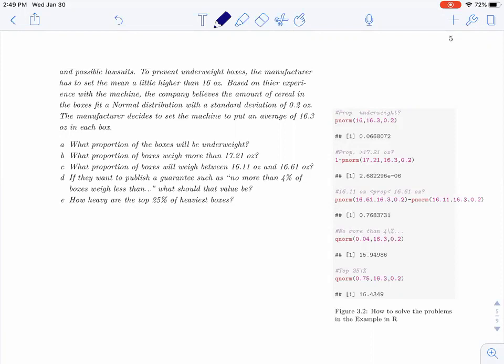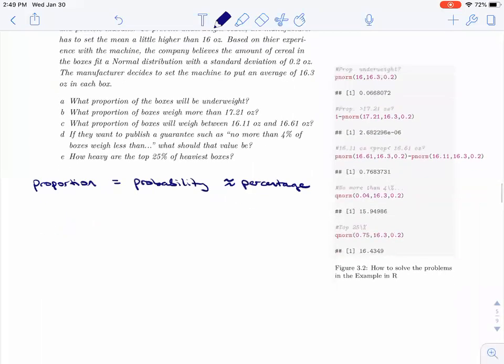Here, let's remember, the 3 P's are all the same: proportions, percentages, probabilities. A proportion is a probability, which is essentially a percentage, and all of these are areas under the curve.